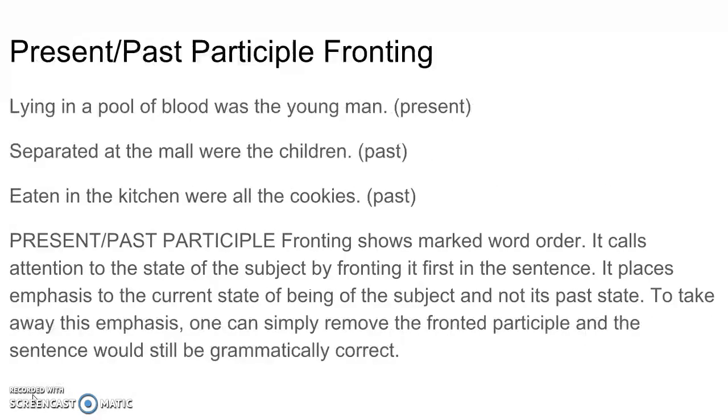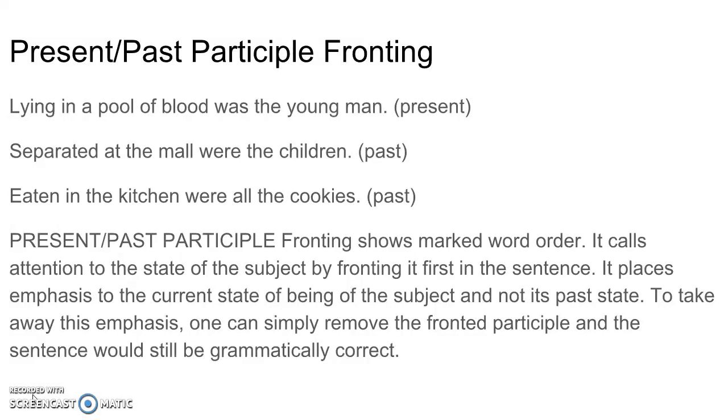There is also the third type of fronting, which is present and past participle fronting. This shows marked word order, so it calls attention to the state of the subject by fronting it first in the sentence. It places emphasis on the current state of being of the subject and not its past state. So lying in a pool of blood was the young man is an example of present participle fronting.